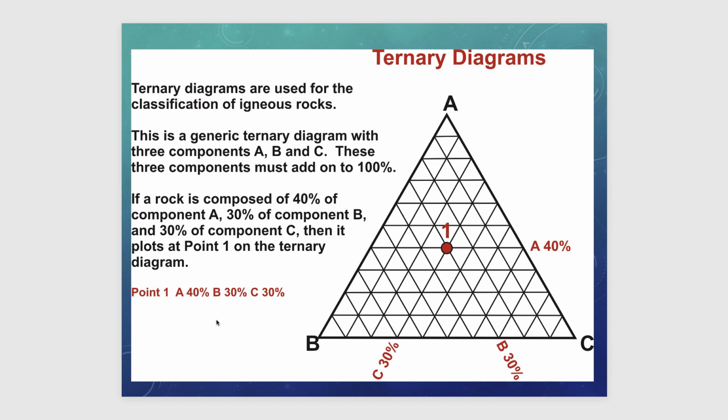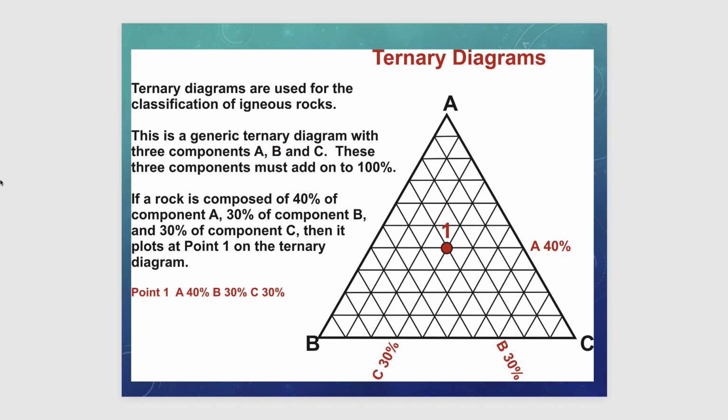Another interesting rule is if you sum up these values, they should return 100% because these are molar proportions, so they close to 100. That's the idea. Okay, and if you sum this up, they will end up being 100%.